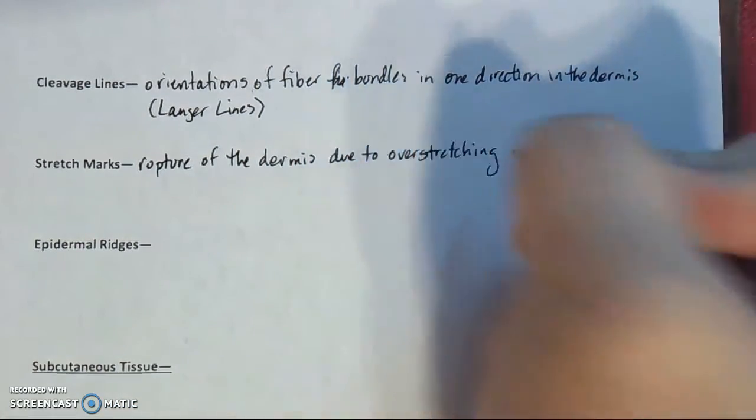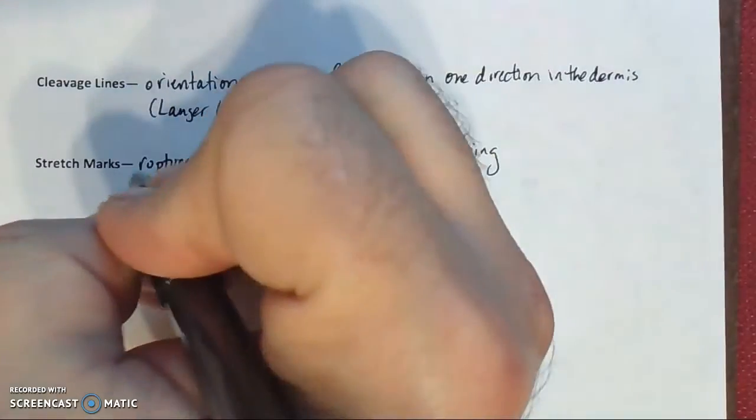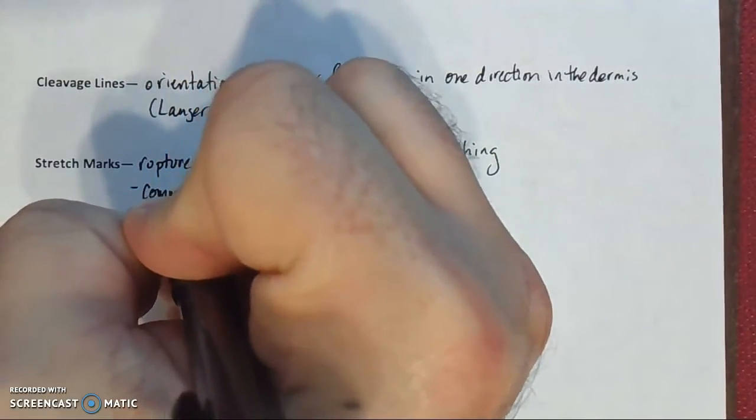So remember that the dermis has some give, but if the stretching of it happens too quickly, it can start to tear and rupture. And it would end up being a tear of the dermis, which we know from our tissue repair in last chapter can result in fibrosis or scar tissue being formed. So it looks a little bit different. People gain weight a lot more gradually than a woman becomes pregnant. So it's not likely that you'll have stretch marks, but the common cause of them is pregnancy.